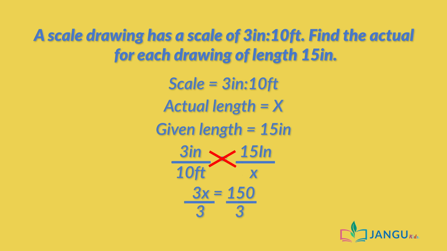Divide both sides by 3. We have 3x divided by 3 is equal to 150 divided by 3. Therefore, x is equal to 50 feet. So, if the length of the blueprint is 15 inches, then the actual length is 50 feet using the given scale.